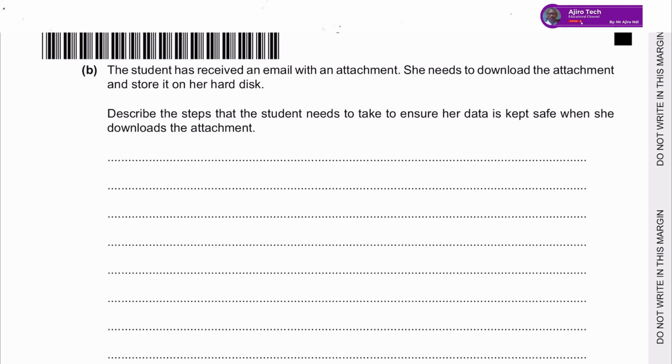The student had received an email with an attachment. She needs to download the attachment and store it in her hard disk. Describe the steps that the student needs to take to ensure her data is kept safe when she downloads the attachment.